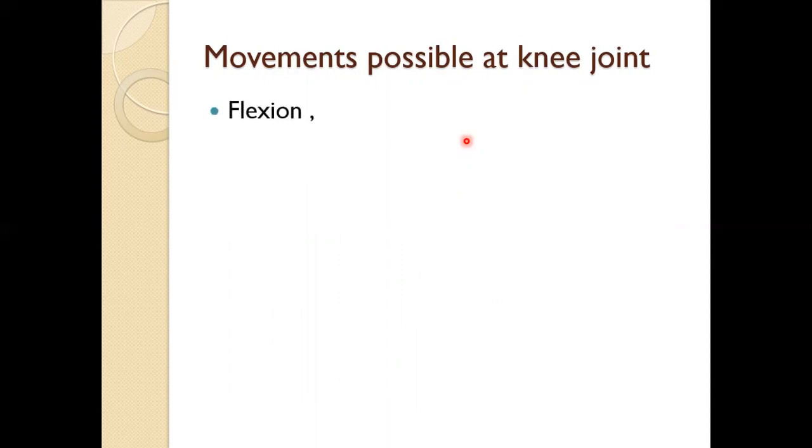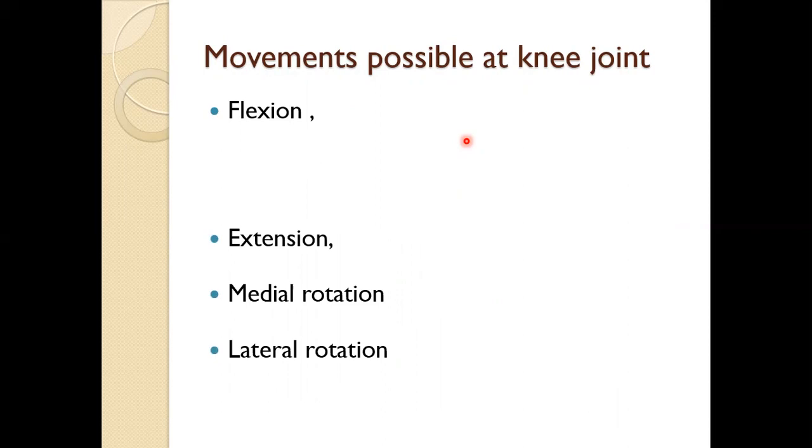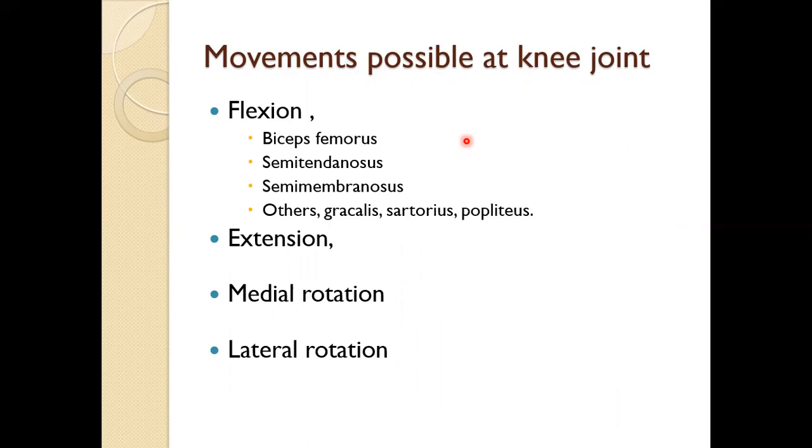The movements which are possible at the knee joint are flexion, extension, and medial and lateral rotation. So we have four different types of movements possible at the knee joint. Flexion is made possible by the flexors of the knee joint, the muscles situated on the posterior aspect of the thigh, right?